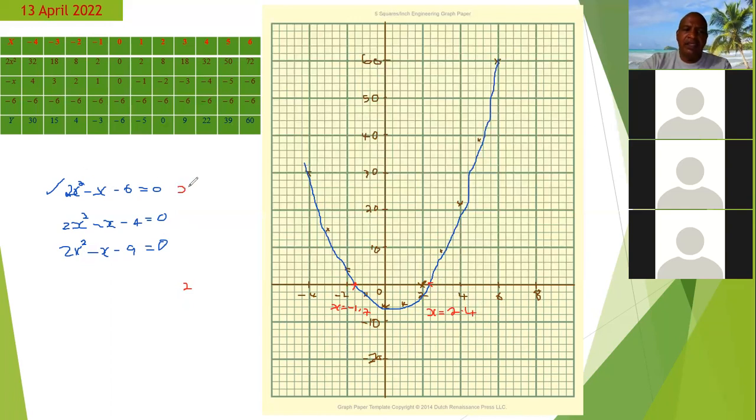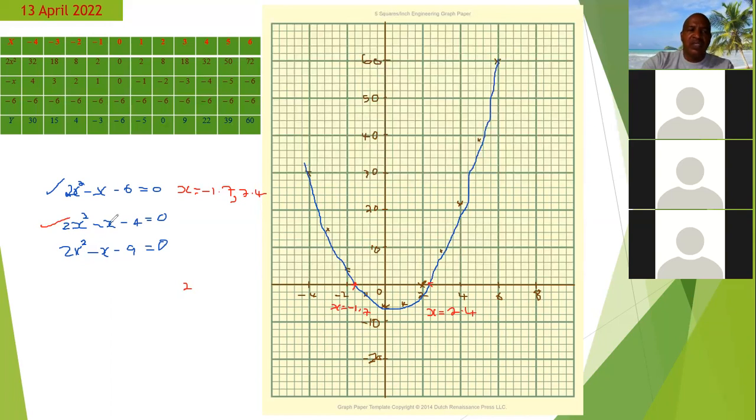So the x values for this one would be minus 1.7 and then 2.4. Those are the x values for that one. Now we need the x values for this one.